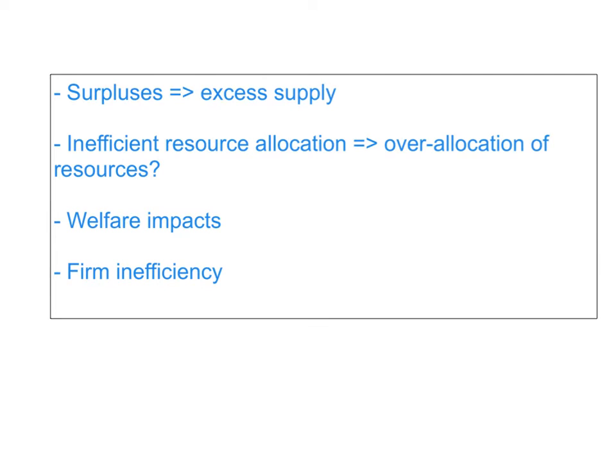So let's discuss some of the consequences. We've seen that price floors or minimum prices cause surpluses, and there's a situation of excess supply. This is an inefficient allocation of resources. There's over-allocation of resources to the production of this good or service because of the artificial price floor. It also leads to a deadweight loss, so welfare impact.